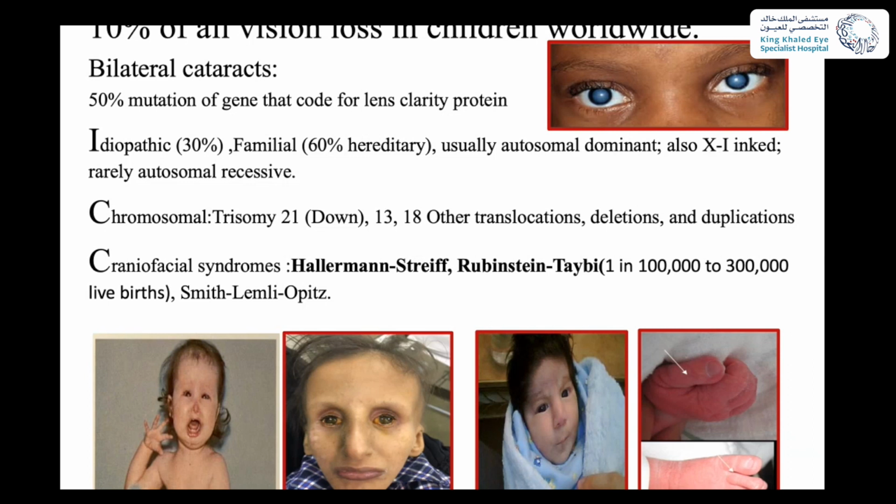Bilateral cataract is 50% due to a mutation of a gene that codes for lens clarity, but the patient has normal IQ, normal development, everything is normal, except some wrong coding for the lens protein clarity. Idiopathic cases could be seen at 30%, familial at 60%.